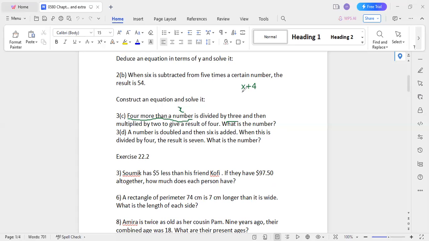Yep, divide by 3. Then multiply by 2. So what do we do next? Put 2 bracket x plus 4. Yep. So we give a result of 4, so we equals 4. So could everyone type in the chat what is the answer you get from here?